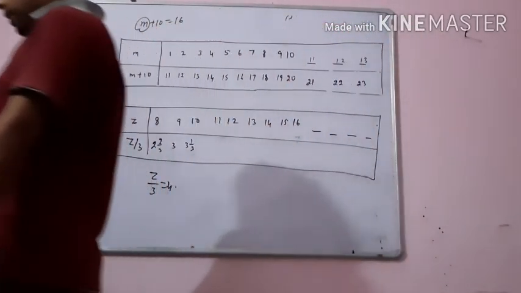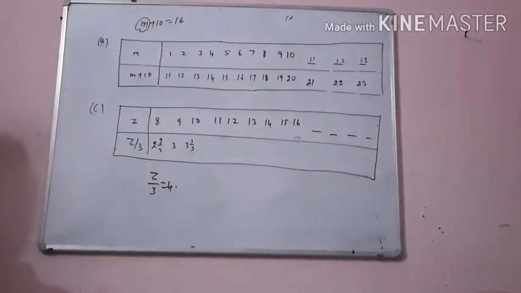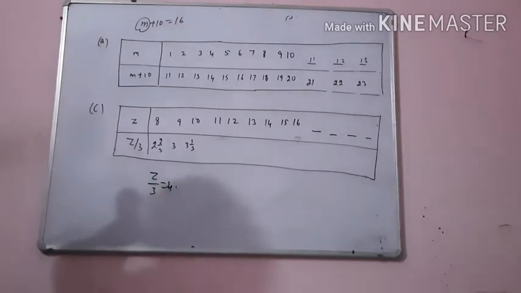So we have completed the table, but in the question we have to find m plus 10 equals 16.